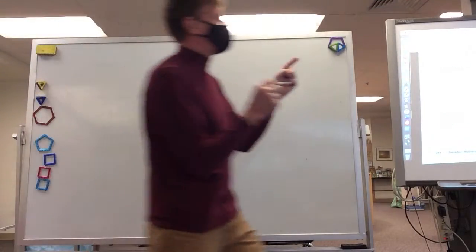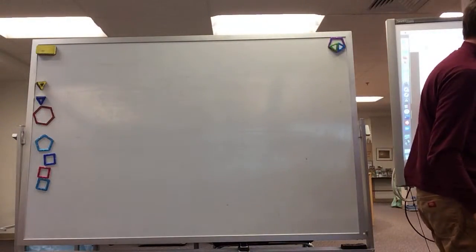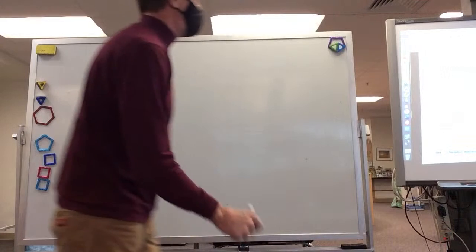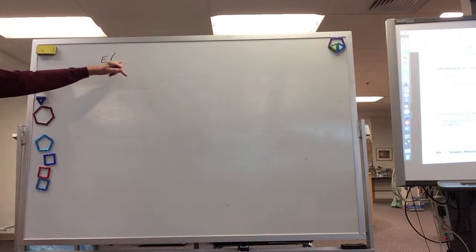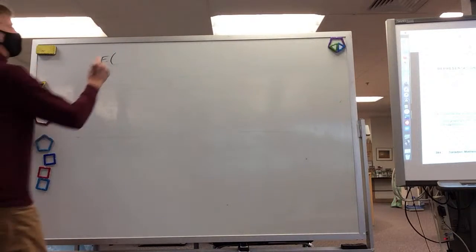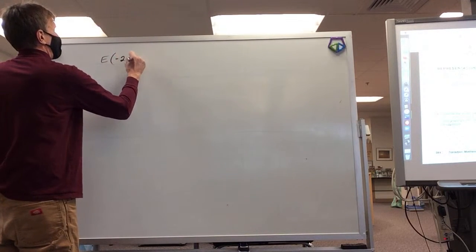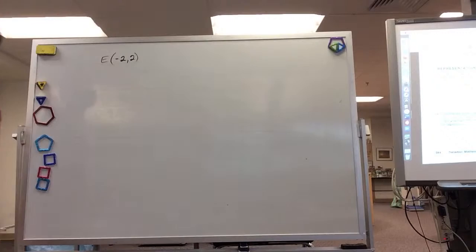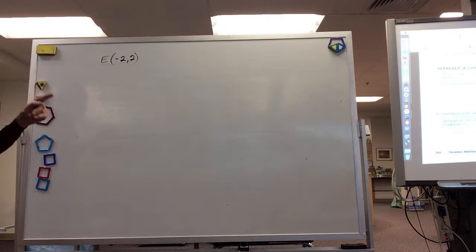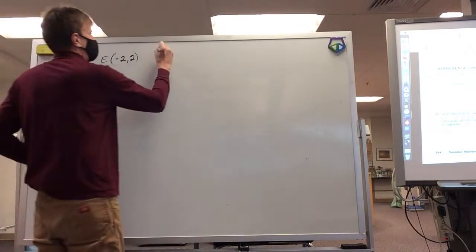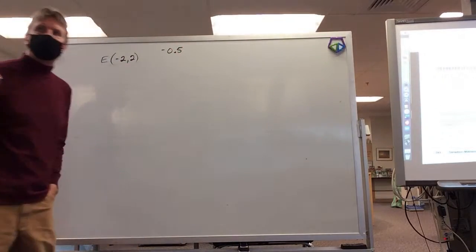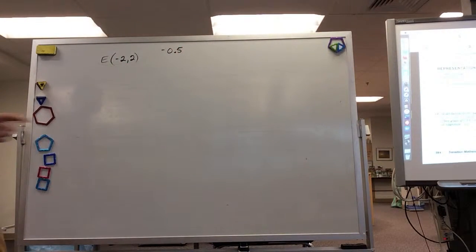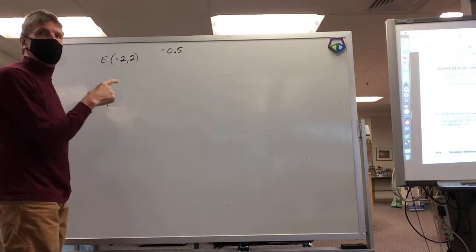So an example of what you would do is take each of these 3 points, N, E, and G. If I took point E, what's the ordered pair for point E? Negative 2 and positive 2. Okay, so for each of these points, the size change magnitude is going to be this. You multiply that by each of these.